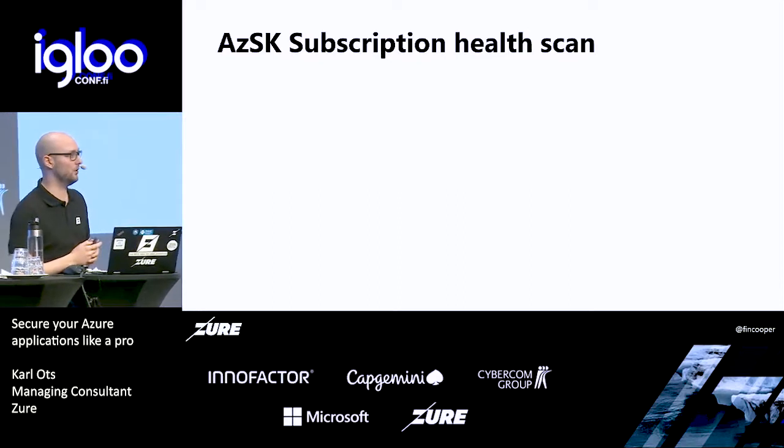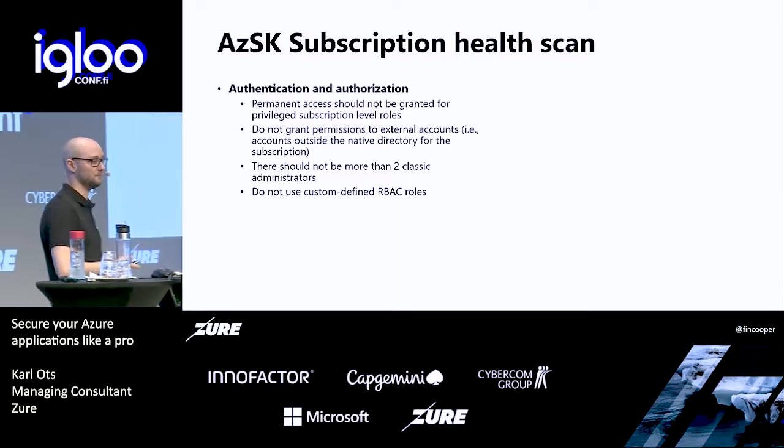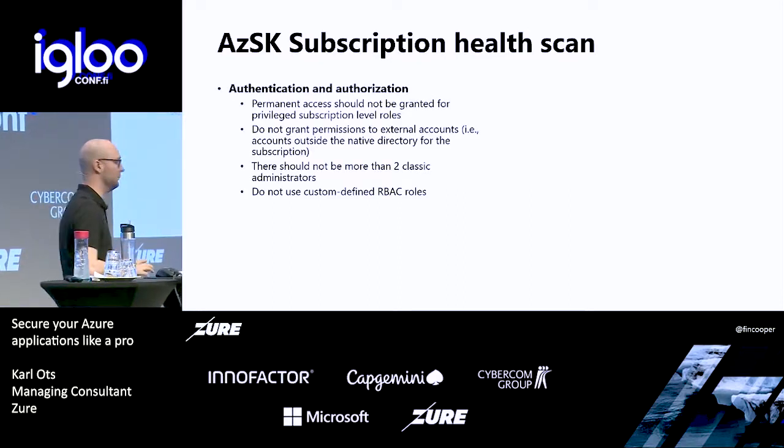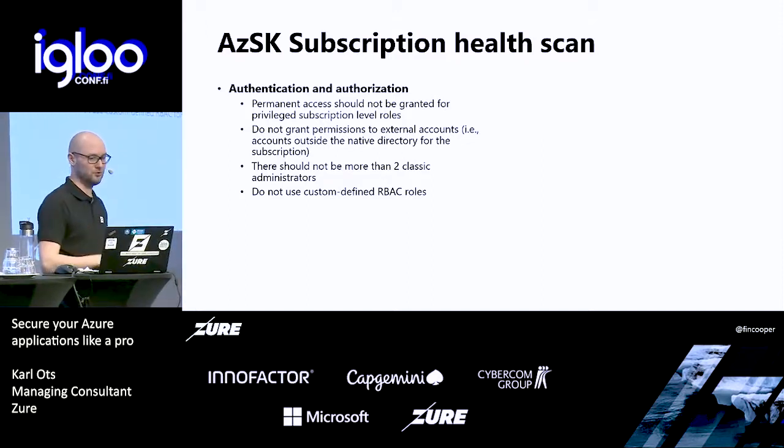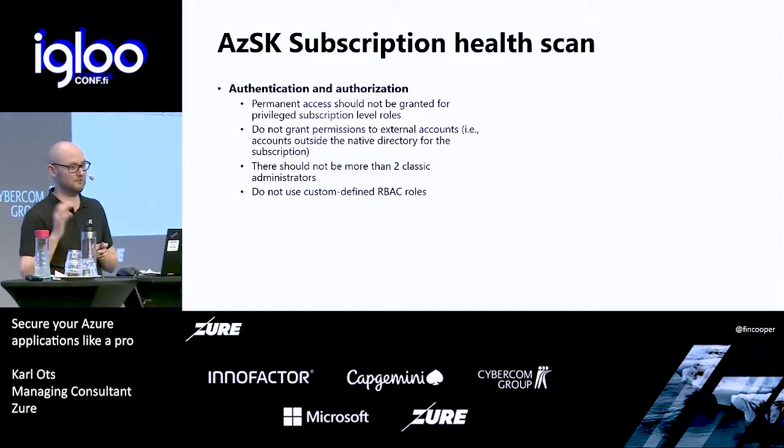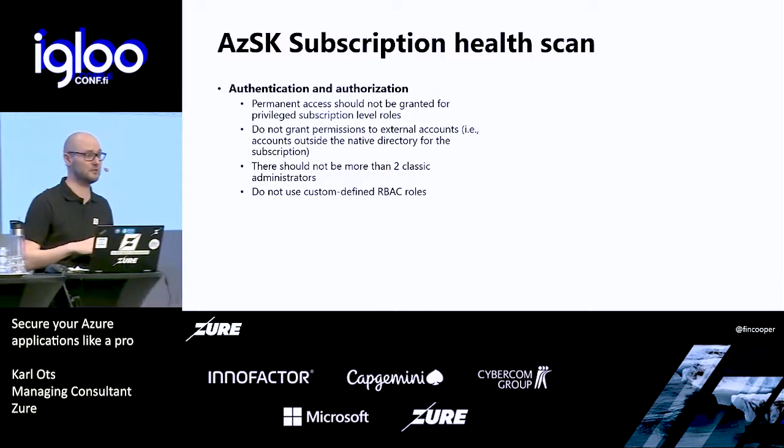Very quick overview of the subscription health scans. There's a bunch of stuff about authentication and authorization. I'm not going to just read through a bunch of lines for you. We've discussed authentication and authorization in Azure in lengthy detail today.